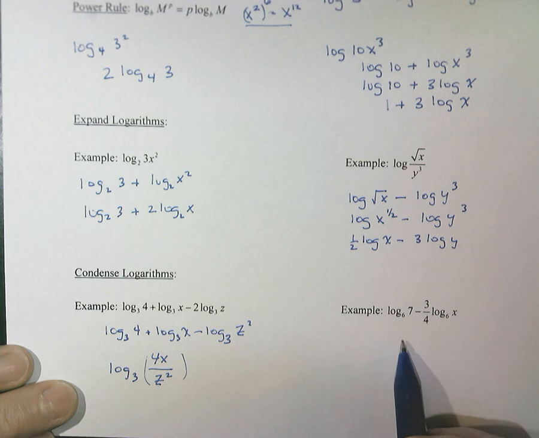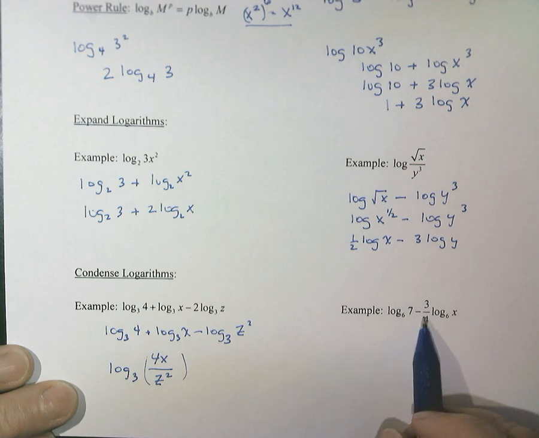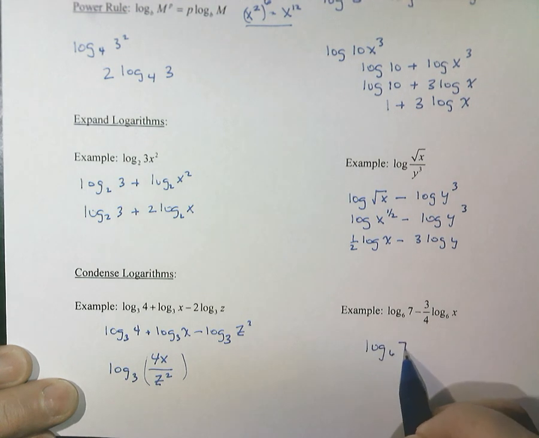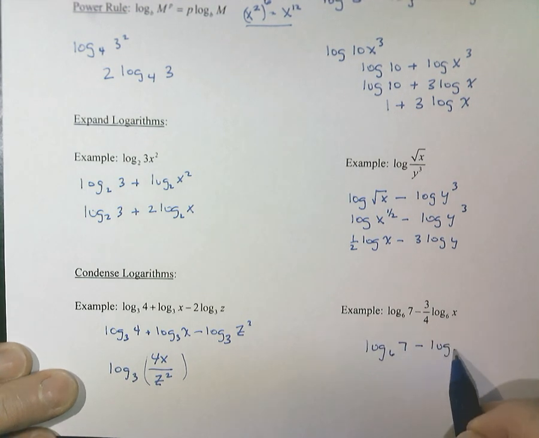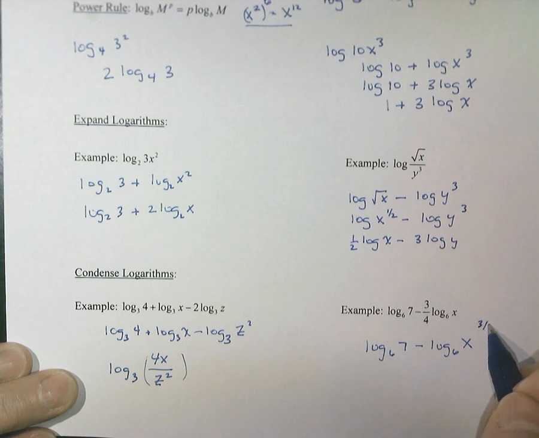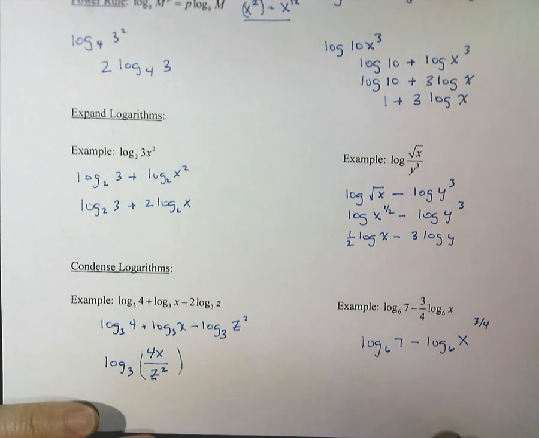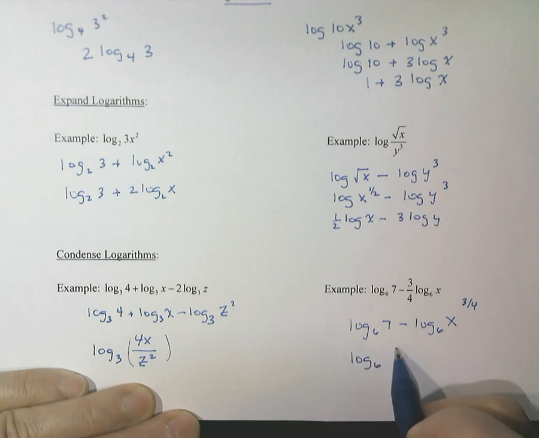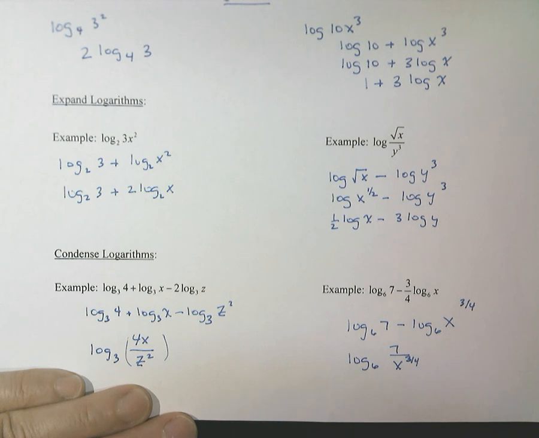The next example, I have a subtraction. Oh, and here's a power rule again, so let's clean that up first. And that's to the 3/4 power. Now I have a subtraction, so I know I'm going to divide. And you can leave it like that.